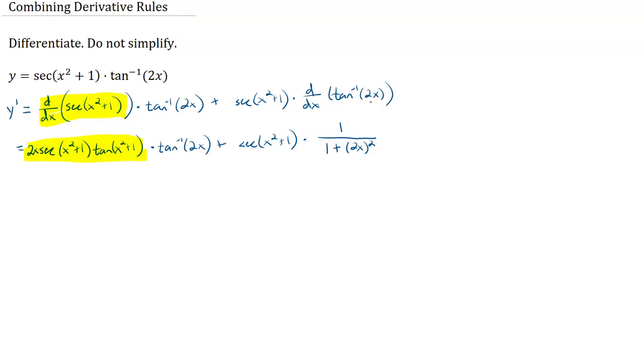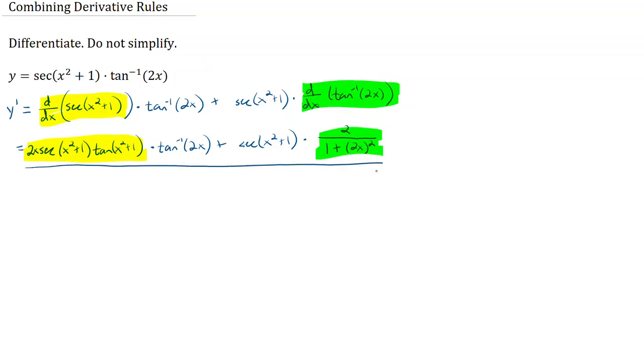Well, the derivative of 2x is just 2, so I could put times 2 out to the side, but I'll just go ahead and multiply it and put it on the top of the fraction. And that is the derivative of the tan inverse portion. Now we have no other derivatives to do, so we'll call that example finished. We're not concerned with simplifying.